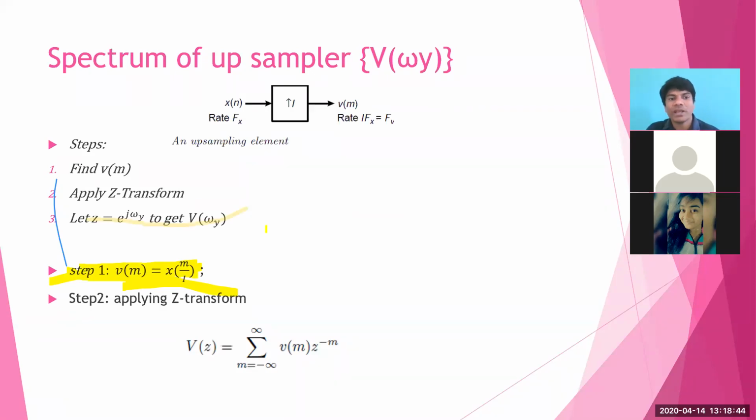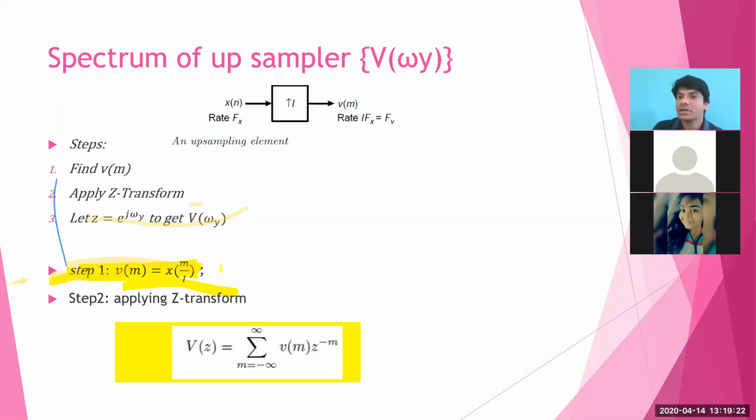Whenever we say an upsampler in time domain, we are going to replace the n with n by I. It does not really matter what independent variable you take, n, m, x, y. Just to differentiate from n and m, I have taken m here. So v of m is our upsampled signal, which is in fact x of m by I, which we have defined earlier. Now we are going to apply the z transform onto that.